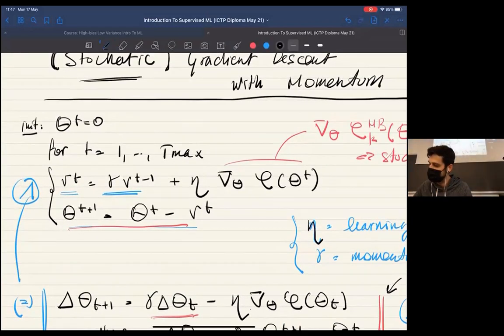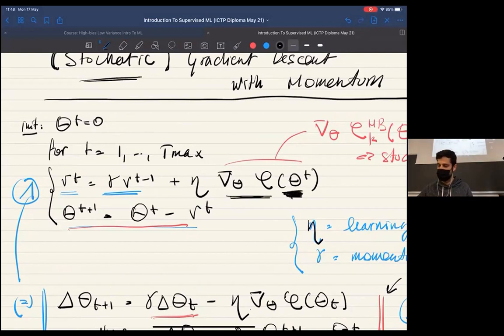You see that here, the gradient is evaluated at your present position, at the actual value at time t of the parameters. If you think of a particle in a landscape, you look at the gradient at the position of the particle at time t.